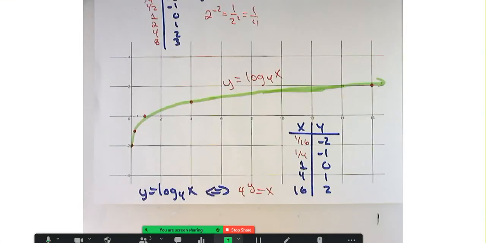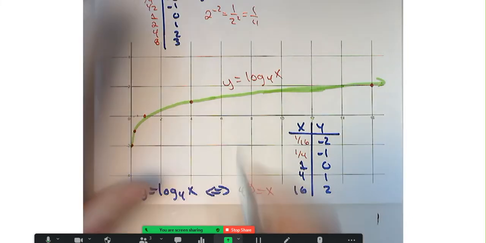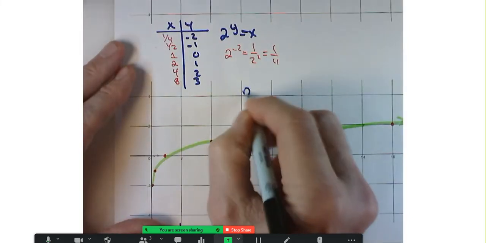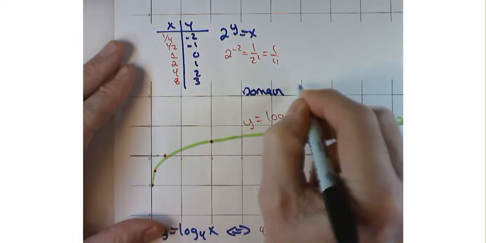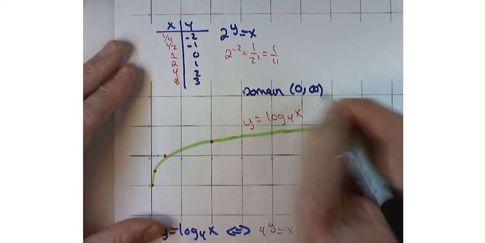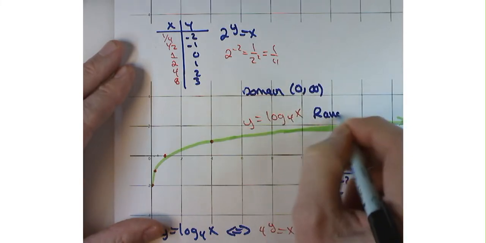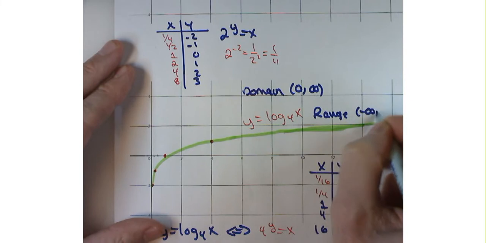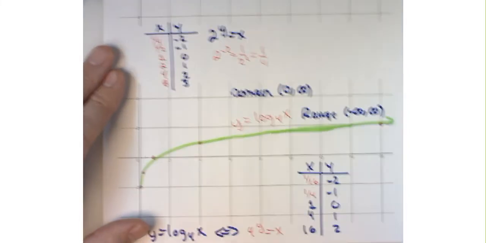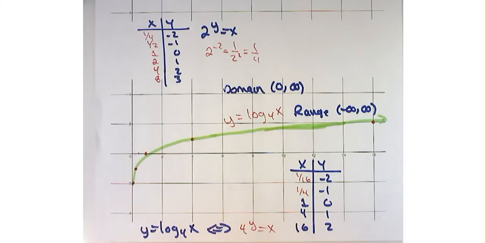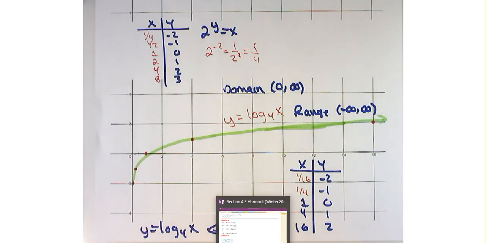So the bottom line here is that the domain is 0 to infinity, and the range is negative infinity to infinity. It's just the reverse of what you get for the exponential function. So y wouldn't be 1, it would be undefined?